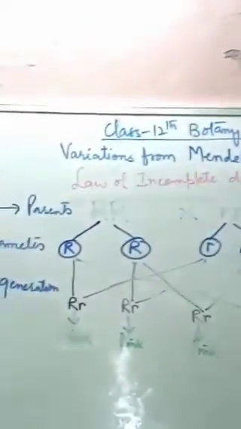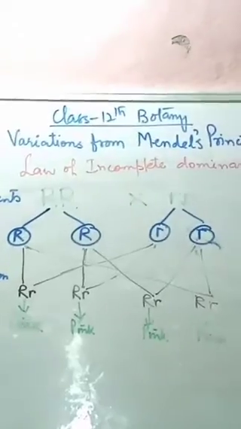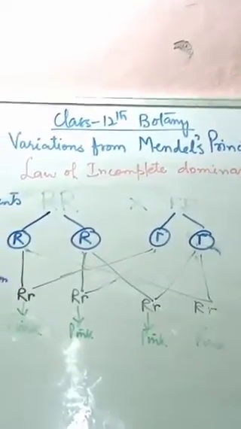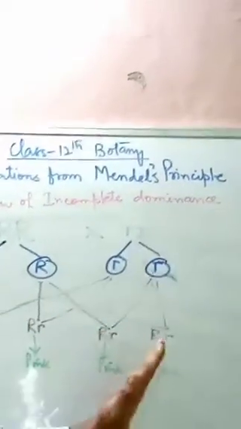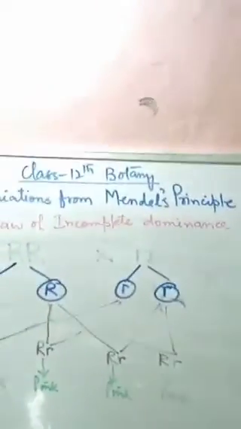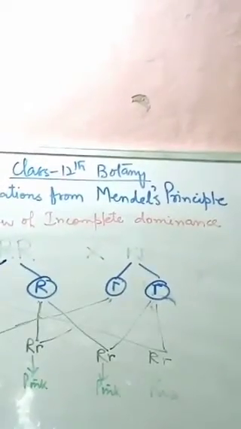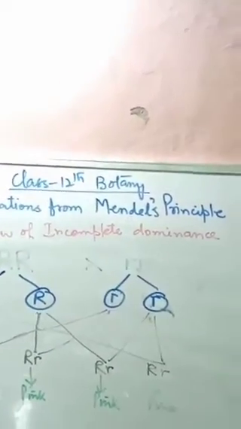So here we see the red color does not express itself completely, बल्कि हमारे पास एक intermediate color आता है, न recessive color आता है न dominant color, that is the pink.